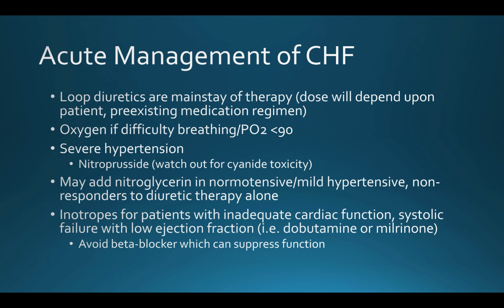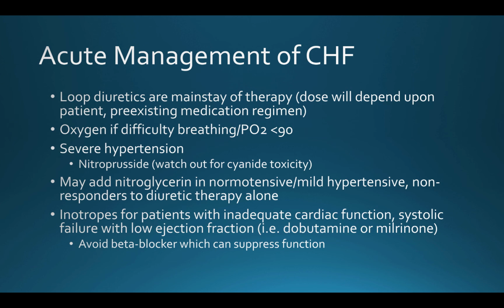If we've got mild to normal blood pressure and the patient can tolerate more blood pressure lowering effect, we may add nitroglycerin in that type of setting. To give that heart a jump start, a little bit of a kick, you may see dobutamine or milrinone utilized in that setting.